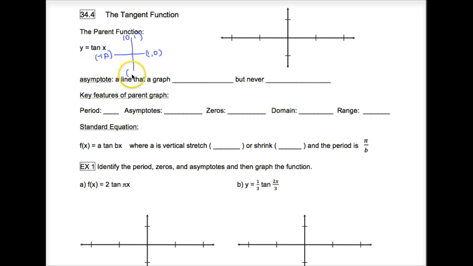When I plug in 0 for x, the tangent at 0 is 0 divided by 1, which is 0. So 0, 0, that seems normal, so we have to plot that. When I move to pi over 2, though, when x is pi over 2, the tangent is 1 over 0, which means it's undefined.